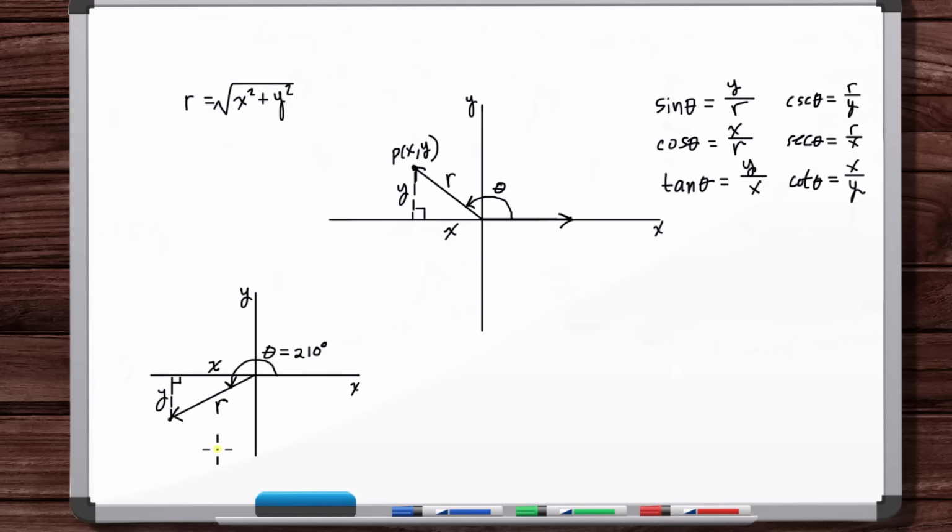Okay, now you might be wondering, how can we just pick any point? If the r is different, wouldn't that change the trig function values? No, it wouldn't, because remember, we have to stay on the terminal line. So no matter what point we pick, any possible right triangle that we end up with is going to be similar.